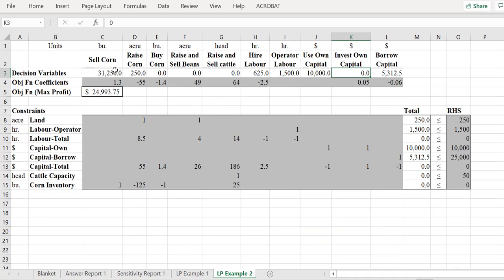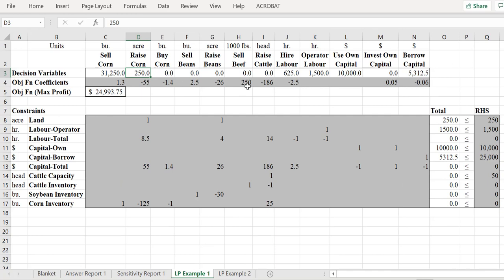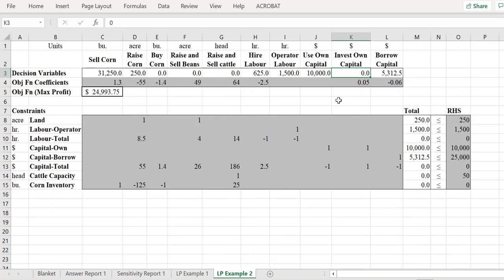For most of the decision variables that appear both in this setting and in the original setting, those are the same. For example, the corn sell, corn raise, corn buy, and the labors are all the same. So if you use two different settings, and if you did set up the problem correctly, then you will end up with the same solution.